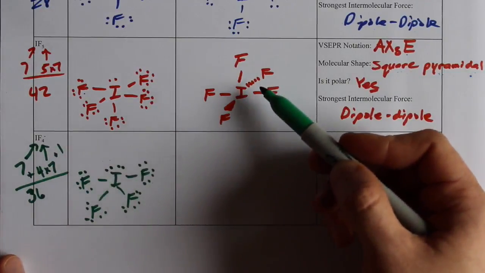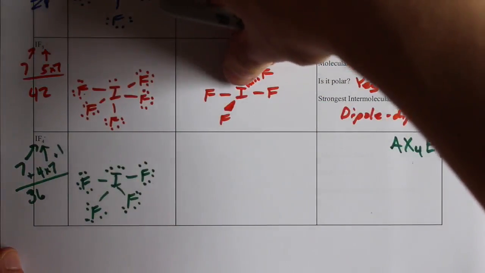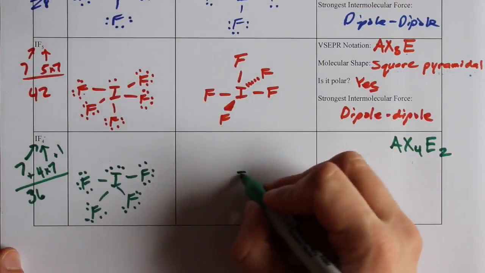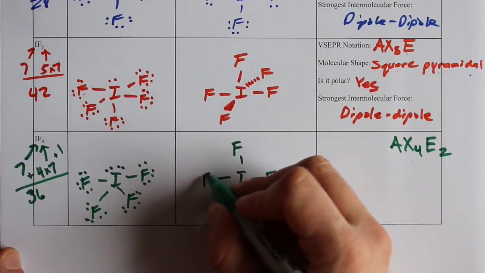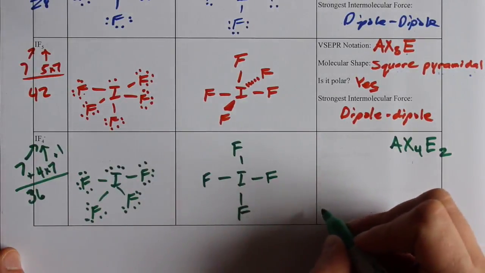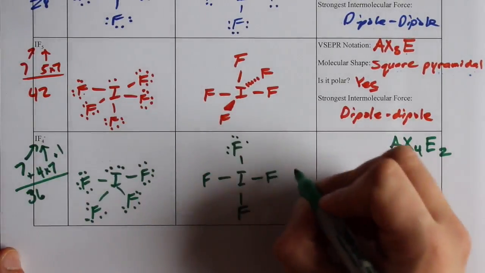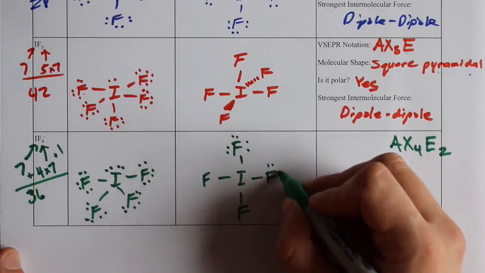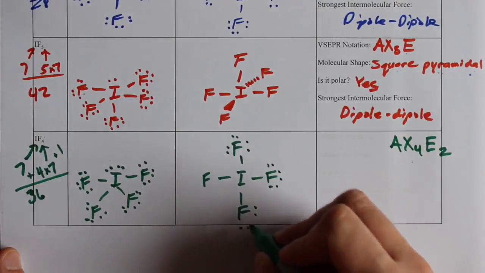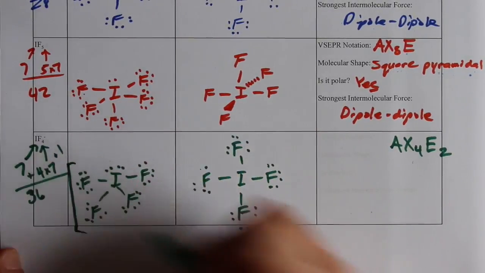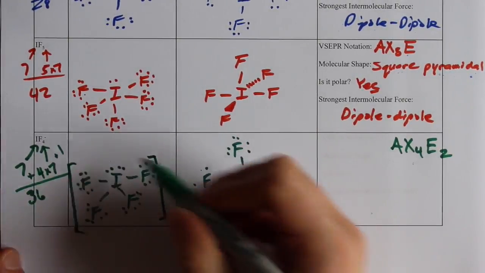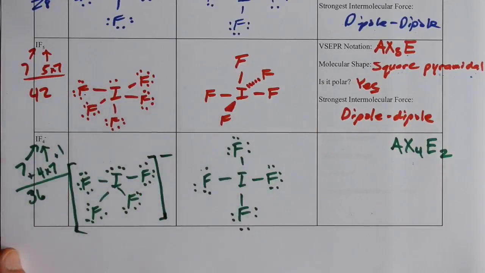This is the same as this, except you're missing 1 more fluorine. So I draw my I here, and I'm actually just going to draw the F's in a square around it. No 3D structure needed. One thing I do want to point out that I've actually forgotten right here is that most teachers want you to put Lewis structures of charged atoms in square brackets with the charge on the outside.